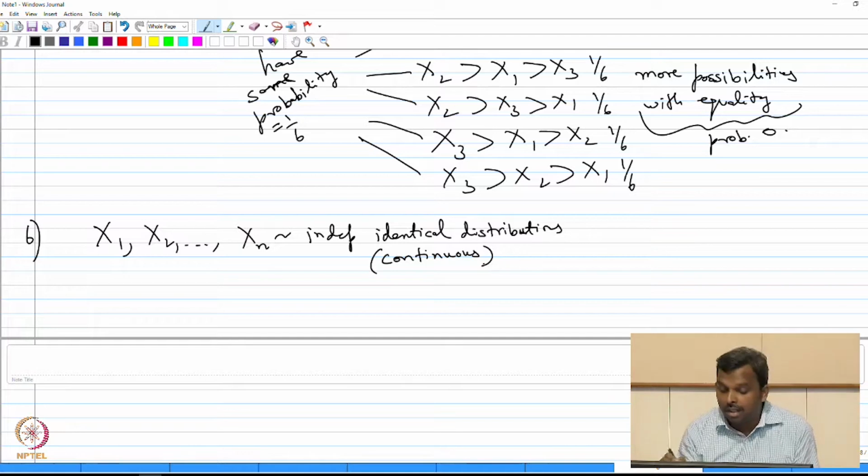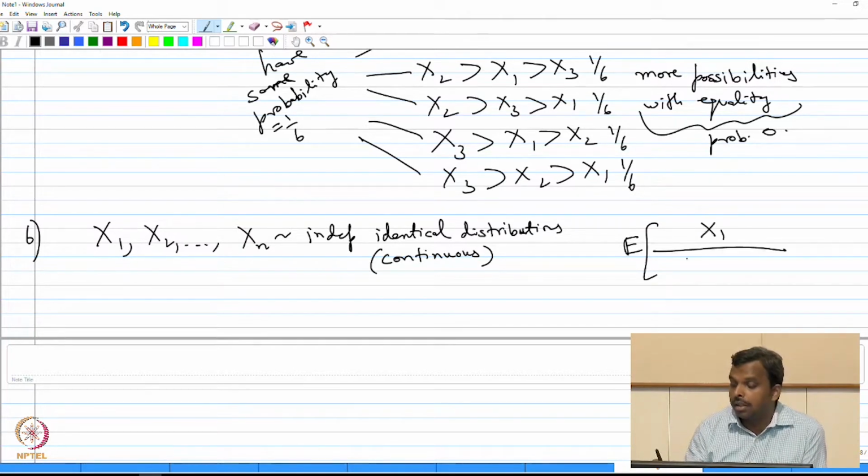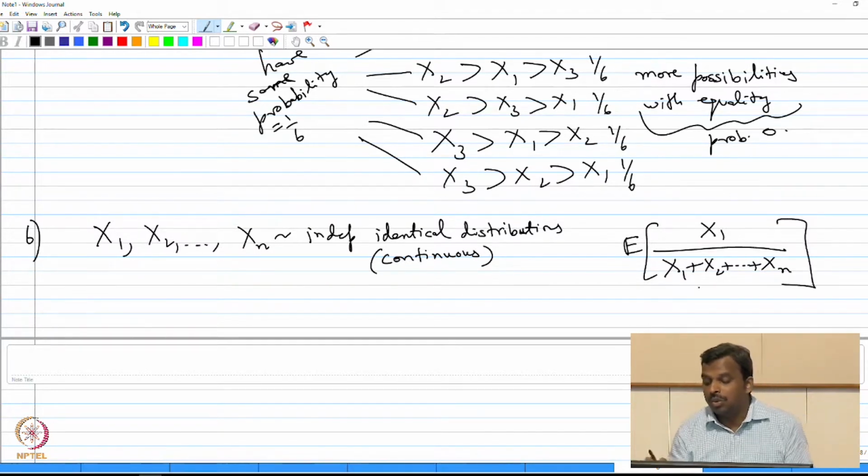It doesn't really matter. So one of the questions that people would ask is the expected value of x1 divided by x1 plus x2 plus up to xn. Continuity is sometimes needed to avoid dangerous situations such as all of them going to 0, etc. So we'll assume these things exist in some sense.